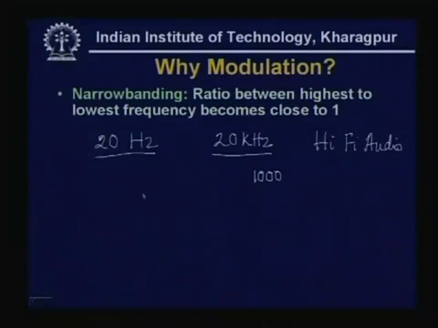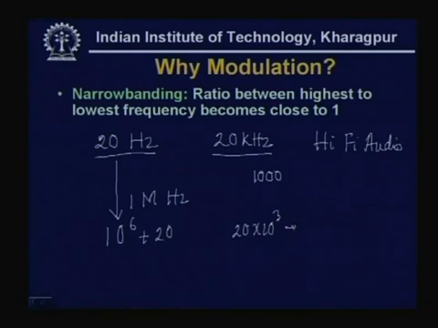Now, suppose you modulate it using a 1 megahertz signal. The carrier frequency is 1 megahertz. Now, this frequency is translated to 1 megahertz, that is 10 to the power 6 plus 20 hertz, and this one becomes 20 into 10 to the power 3 plus 10 to the power 6 hertz.